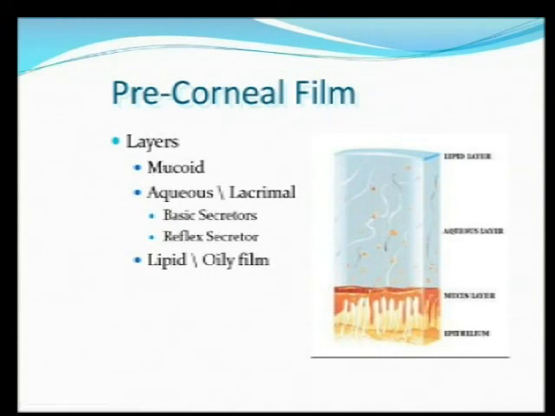We know the aqueous or lacrimal layer probably comes from the basic secretors, which would be Krause and Wolfring, although depending on the response, you'll get some reflex lacrimal fluid coming from that main lacrimal gland. And you've got the lipid or oily film coming from the oil from the meibomian glands. So all this gets whipped together, and each layer has an important function.